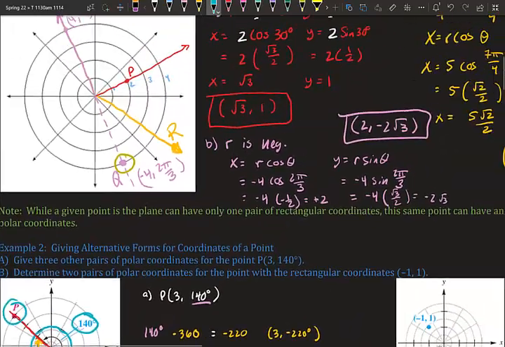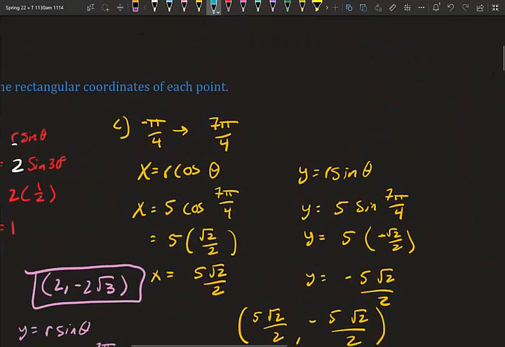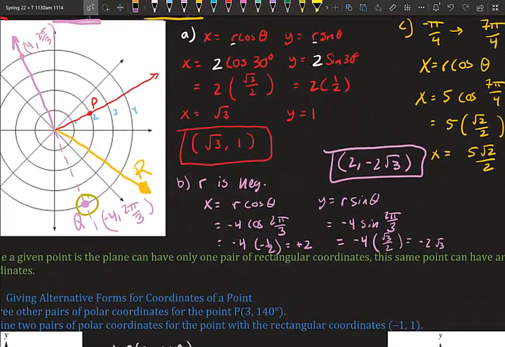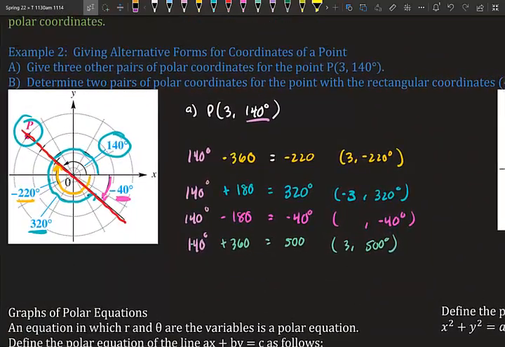Like when we did up here, when we did part C, negative pi over 4, no, my bad, part B. When we did part B, how 4 2 pi over 3 is the same thing as negative 4 2 pi over 3. So since it shares this same ray, this is actually going to be negative 3. Now, when you add 180 and subtract 180, those are opposite the radius.